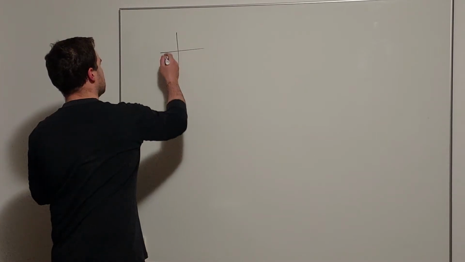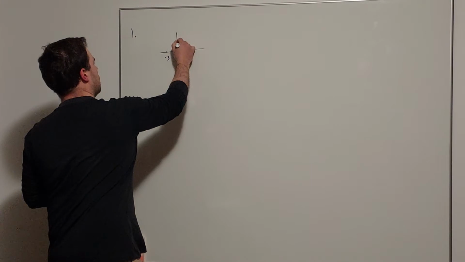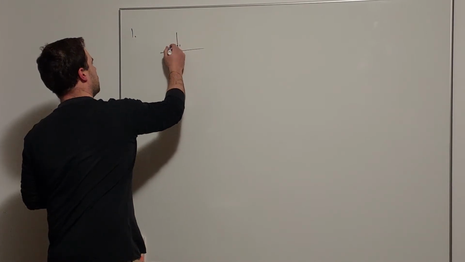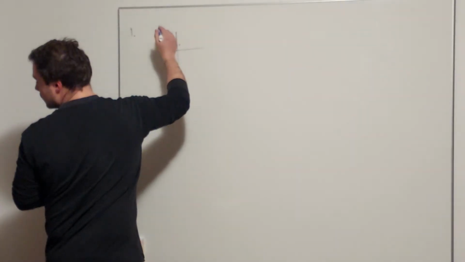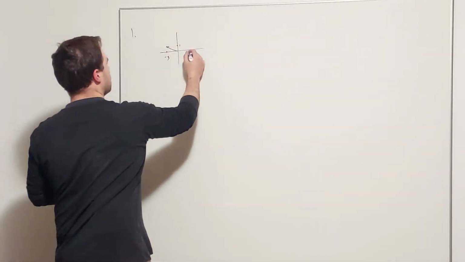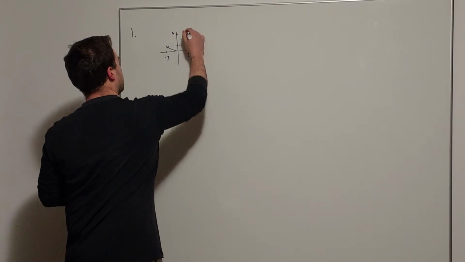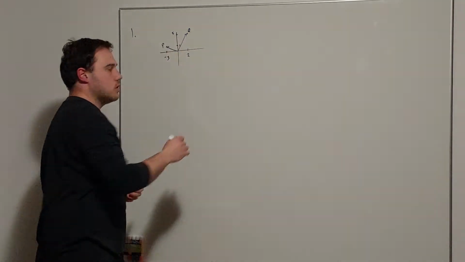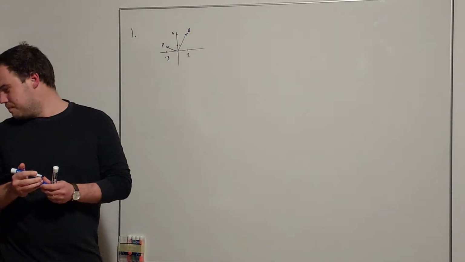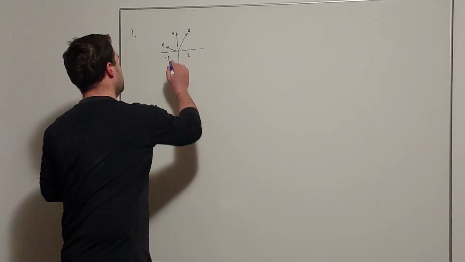We've got -3, 1, that is from the origin to P, and then 2, 5 is from the origin to Q. So what is PQ?